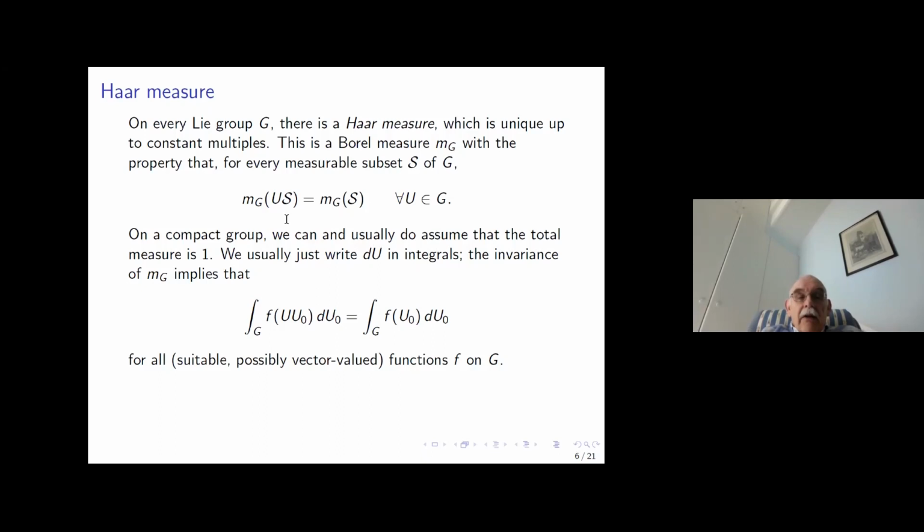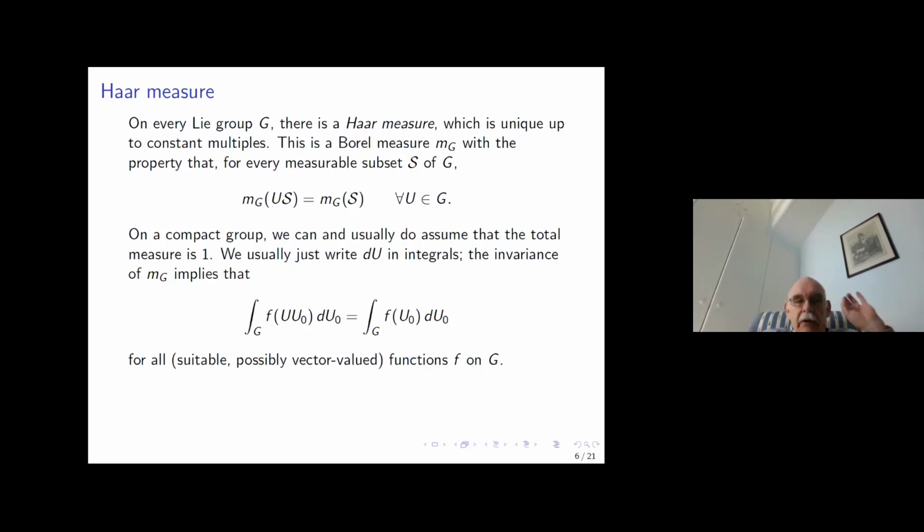And the fact that the measure is invariant for translations means that when I integrate a function, if I translate the function by introducing another element of the group, then I don't change the integral. And this is true for all suitable functions, which means measurable or continuous or something, but I also allow vector valued functions.